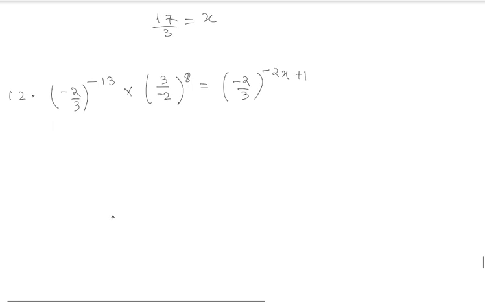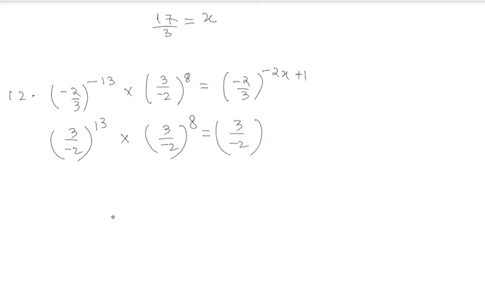And coming to the end of the exercise, so 3 by minus 2, power becomes 13. 3 by minus 2 is already here, power is 8. And I can make this as 3 by minus 2 and change the powers. So minus 2x becomes plus 2x and plus 1 becomes minus 1.